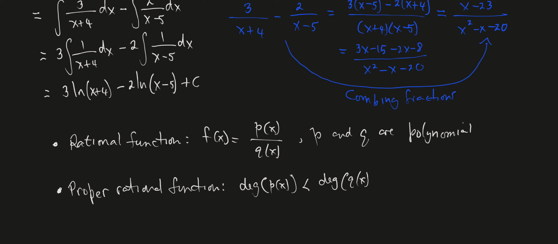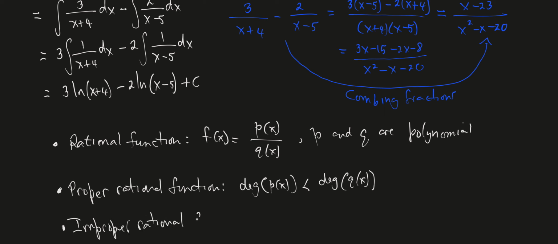Whenever the highest power in the numerator is less than the highest power in the denominator, we say that the rational function is proper. Otherwise, you get an improper rational function.